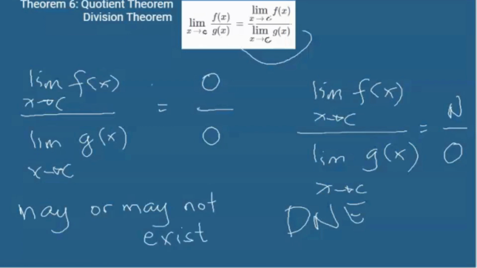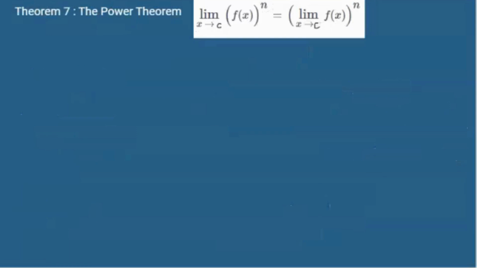For theorem number 7, it's called the power theorem. It states that the limit of the n-th power of a function equals the n-th power of the limit of the function. Let's have an example. The limit of x plus 1 squared as x approaches 5.